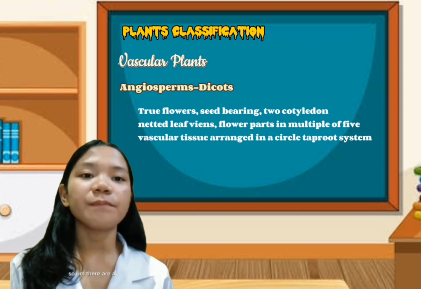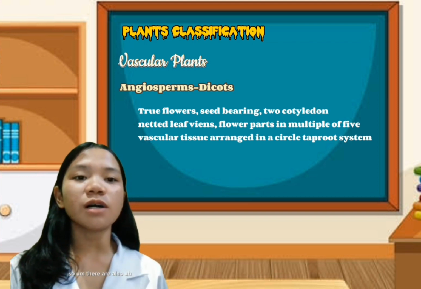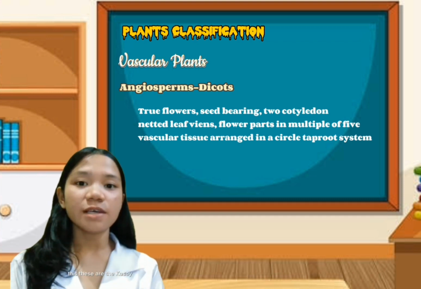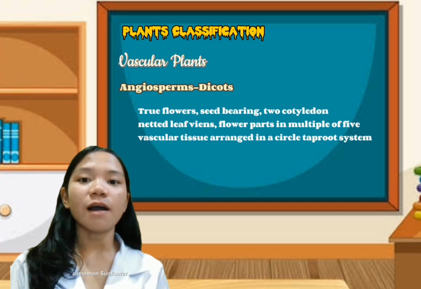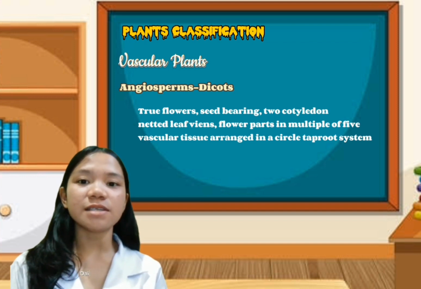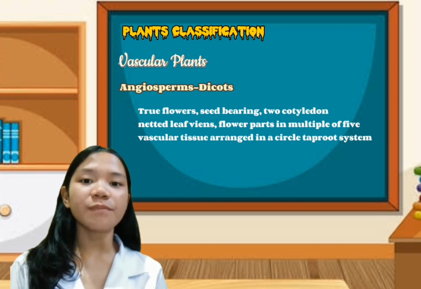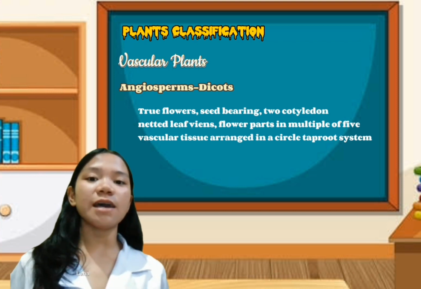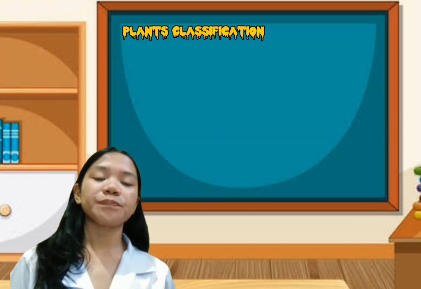There are also examples of these: cashew, cinnamon, sunflower, daisy, marigold, hibiscus, mums, guava, mahogany, squash, mango, acacia, Gmelina, and ylang-ylang.